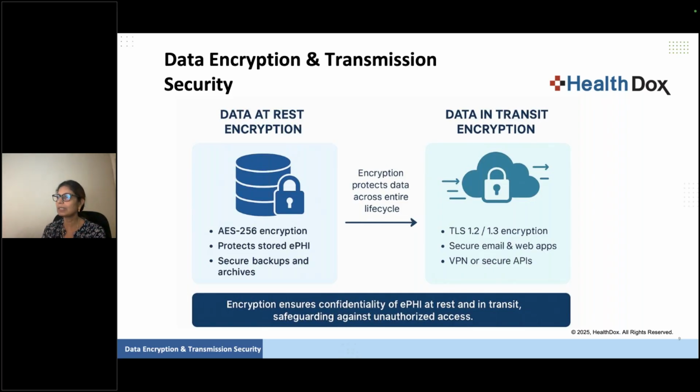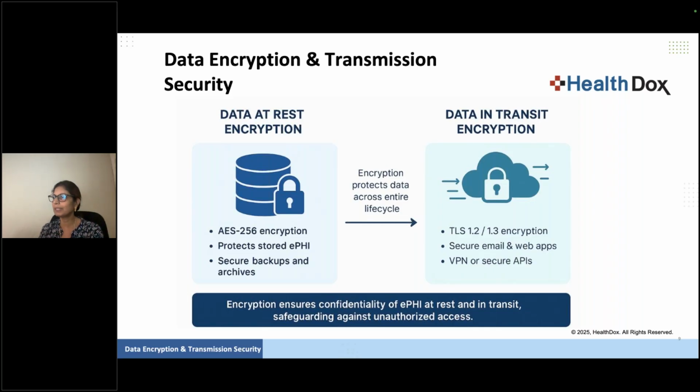TLS establishes a secure encrypted channel between two systems, for example, between your browser and a website. TLS 1.2 and TLS 1.3 are different versions of Transport Layer Security. As threats and data breaches evolve, these protocols also have to keep evolving.